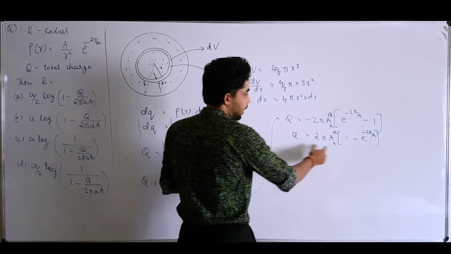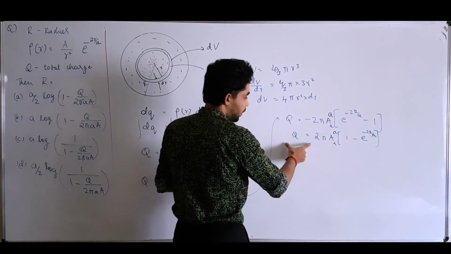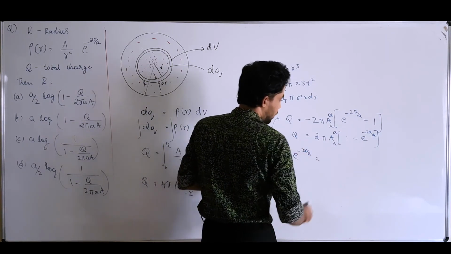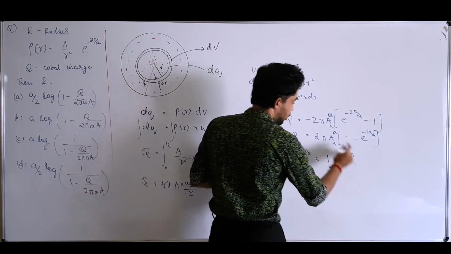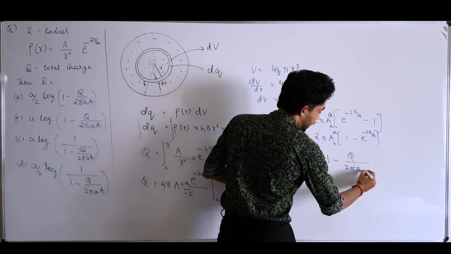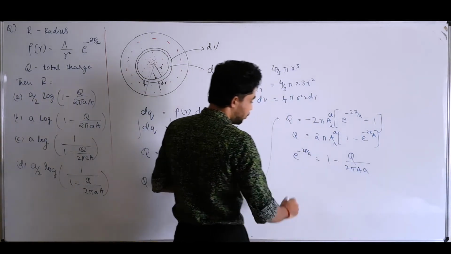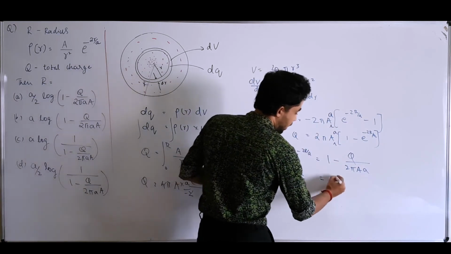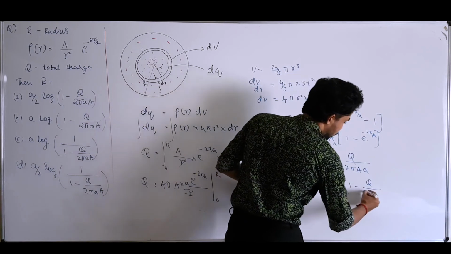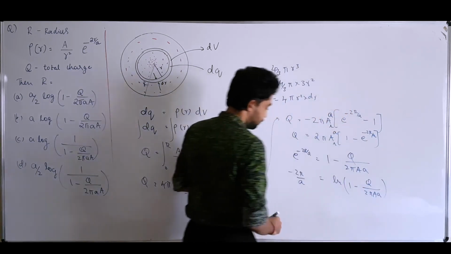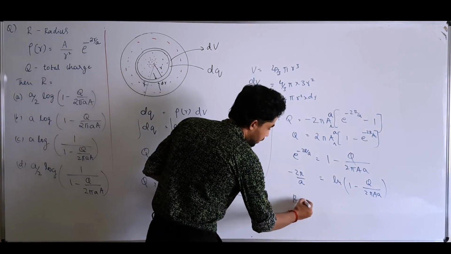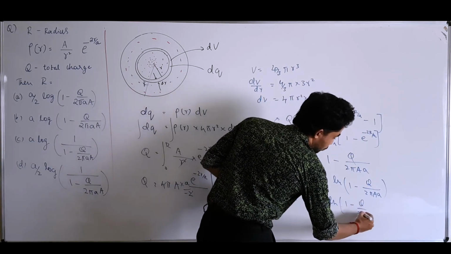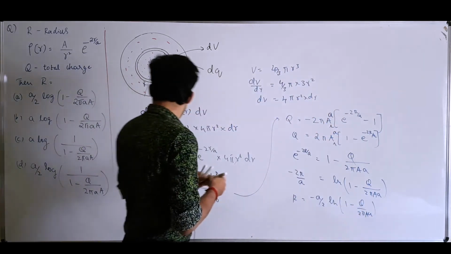Dividing this by this, and writing it in terms of Q, I'll get e raised to minus 2R by a is equal to 1 minus Q by this whole term, that is 2 pi A a, and taking ln on both sides, I'll get minus 2R by a, since ln e is 1, equal to ln of 1 minus Q by 2 pi A a. So R will be, with this going to that side, minus a by 2 ln of 1 minus Q by 2 pi A a.